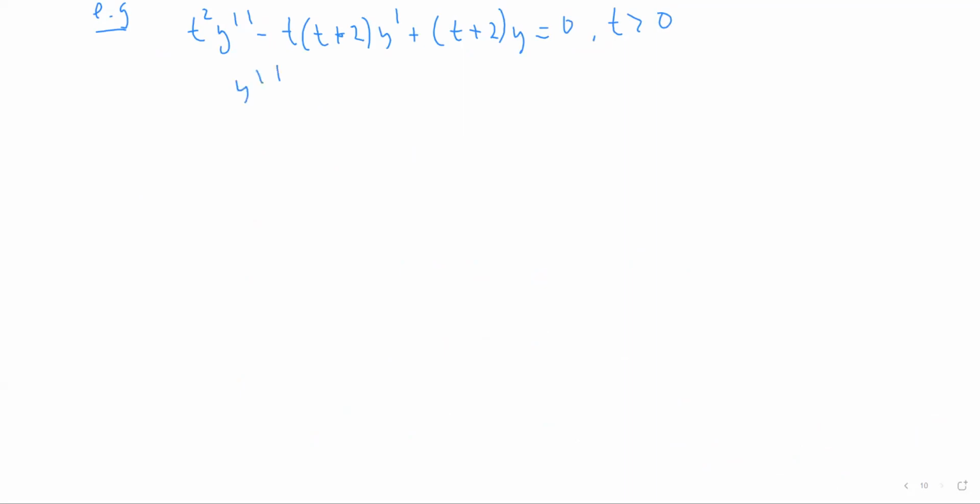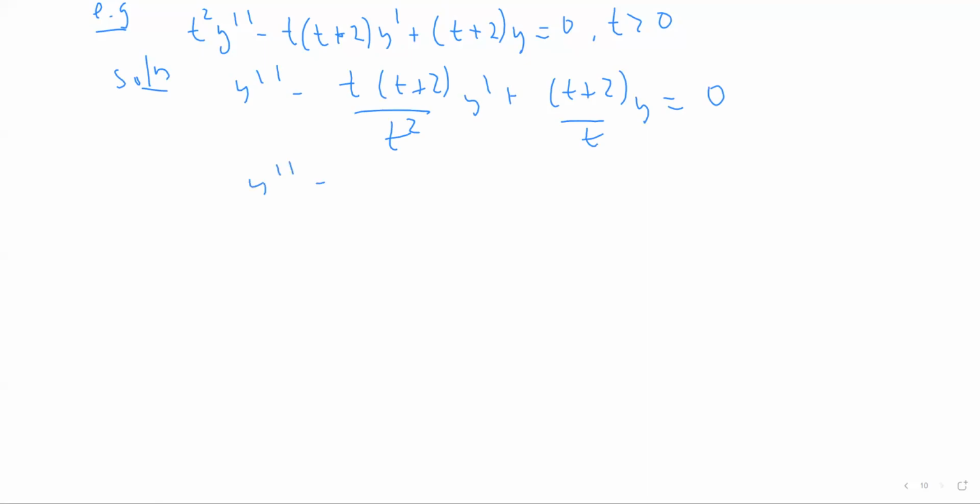First, write it in terms of y''. Now you can write this as y'' minus (2 over t plus 1) y' plus (2 over t squared plus 1 over t) y is equal to 0.